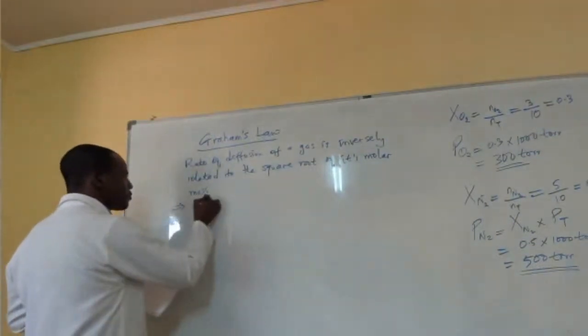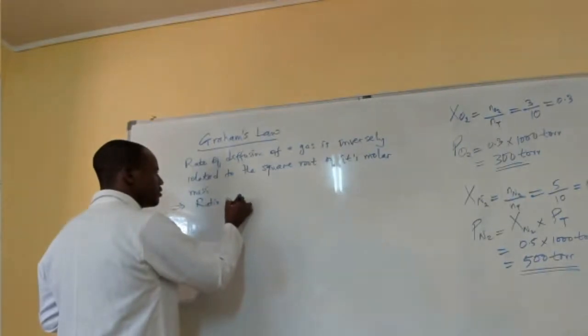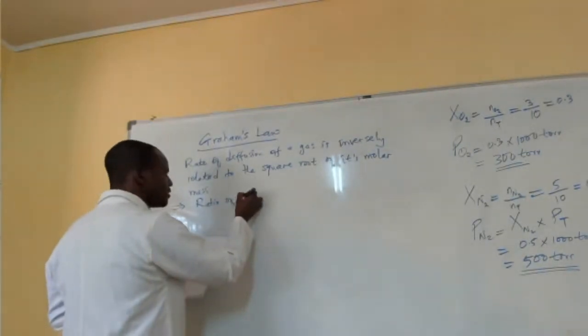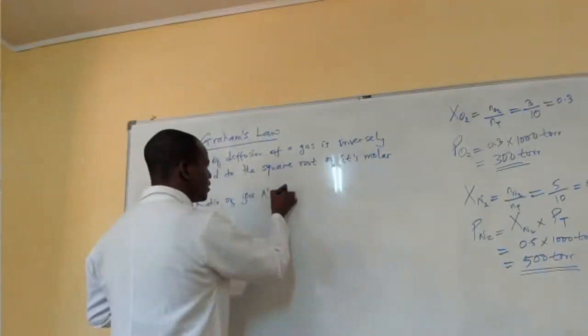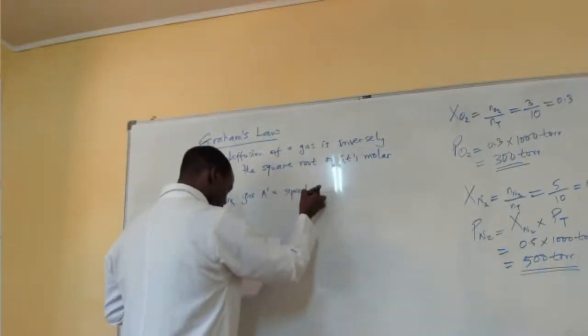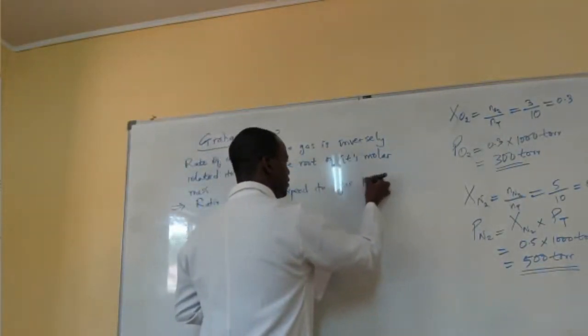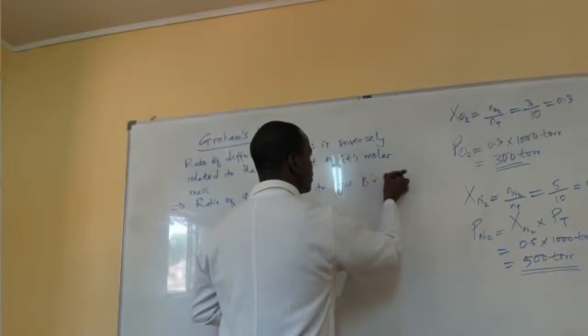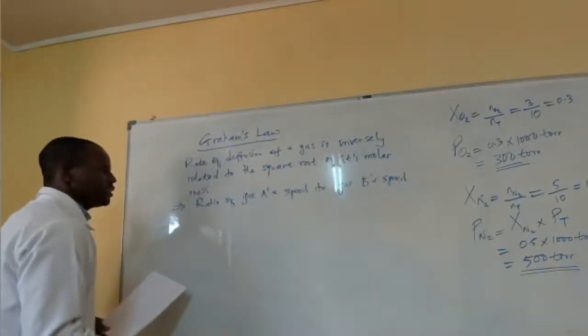So let's say the ratio of gas A speed to gas B speed can be related in an equation.